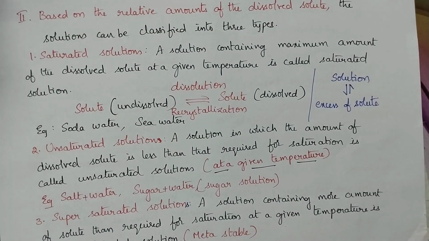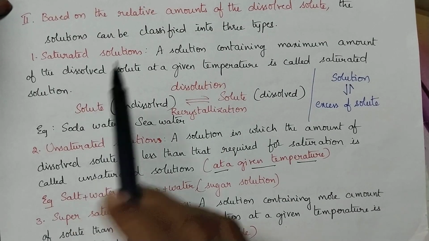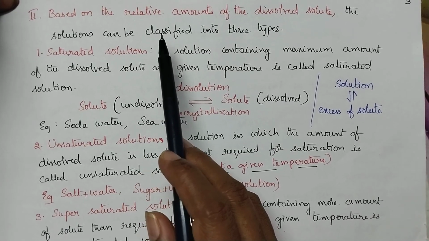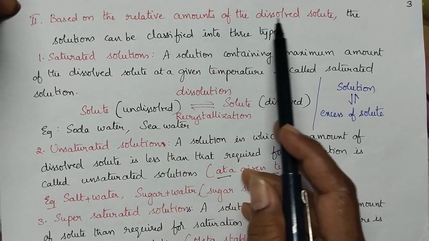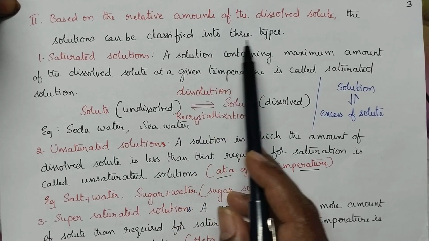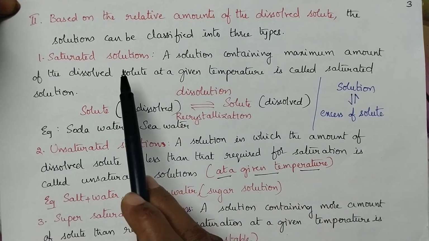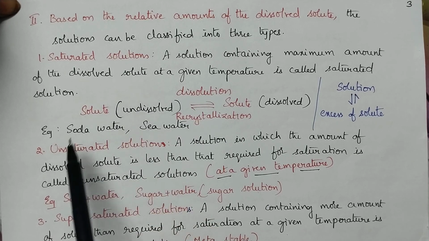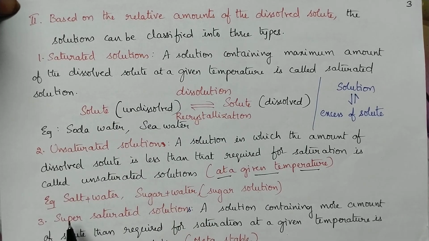Next, coming to the classification of solutions based upon the relative amounts of the dissolved solute, all the solutions can be classified into three categories. They include saturated solution, unsaturated solution, and supersaturated solution.